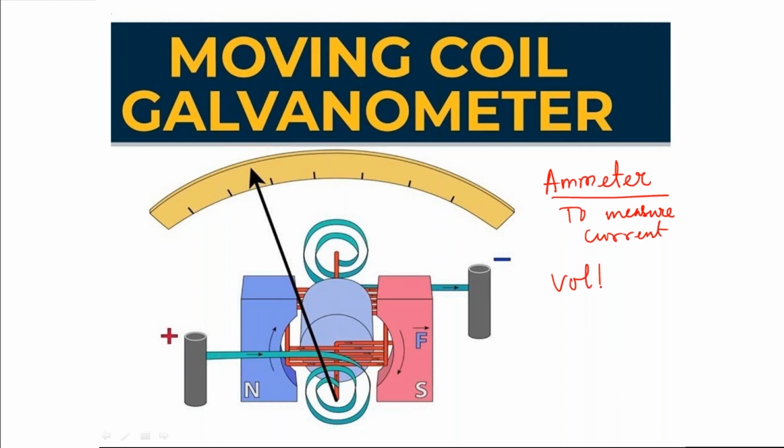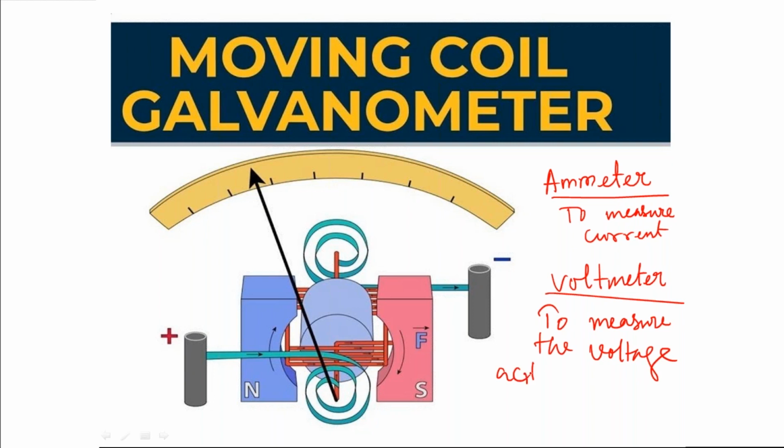And it can be used as a voltmeter as well. What is the use of a voltmeter? To measure the voltage across any part of the circuit.